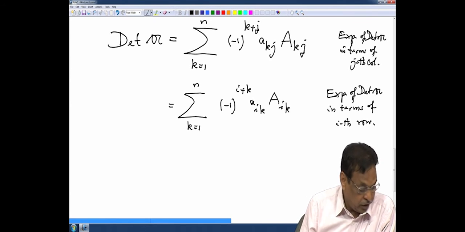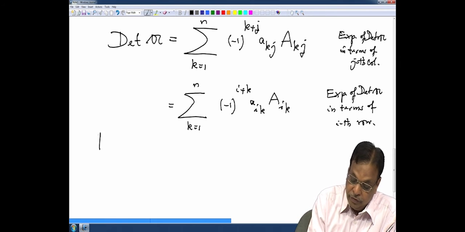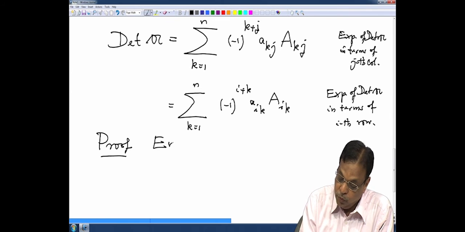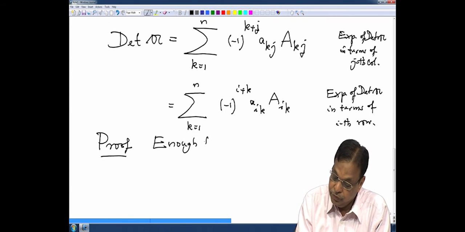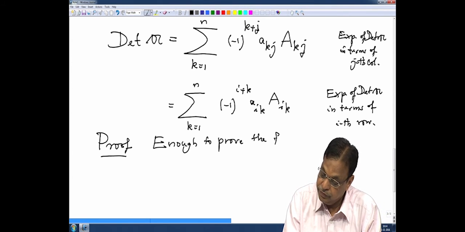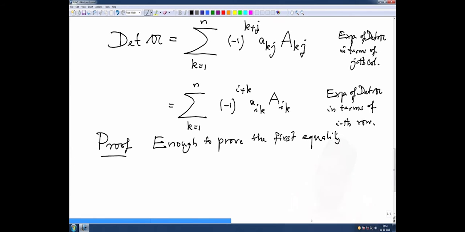Okay, so, let us prove this. It is enough to prove the first equality, because the second equality will be the same when you replace A by A transpose, and we already know A and determinant A transpose have the same value.